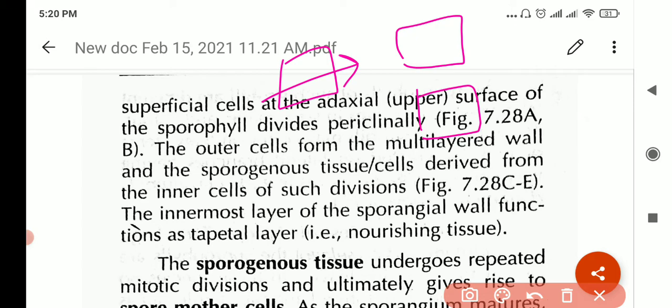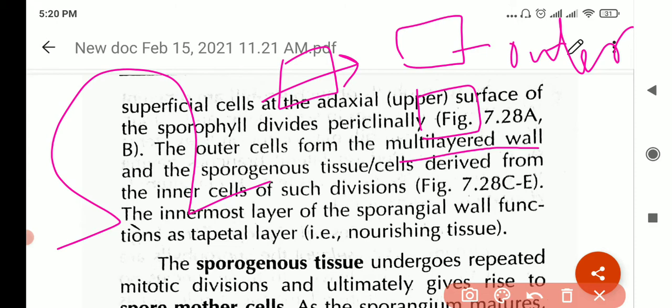Then the outer one, the one that is still above, will form the multi-layered wall, means they will form the jacket in the future. And the inner one will form the sporogenous tissue, like those spore initials, etcetera.